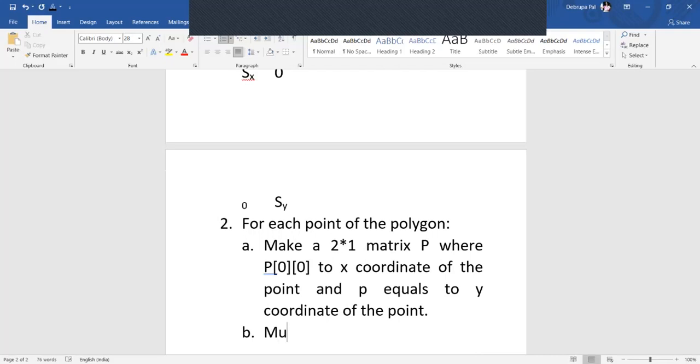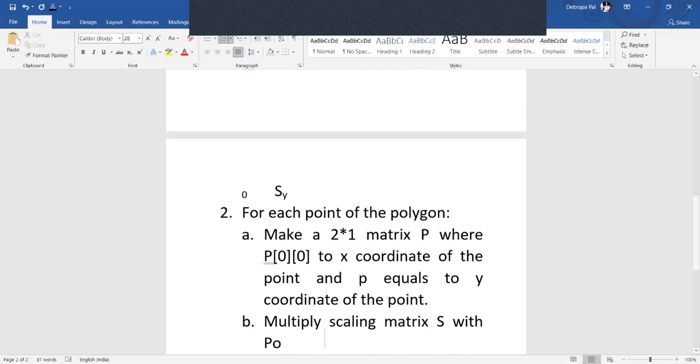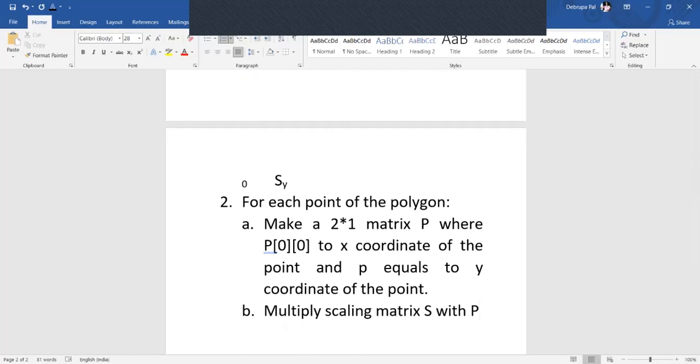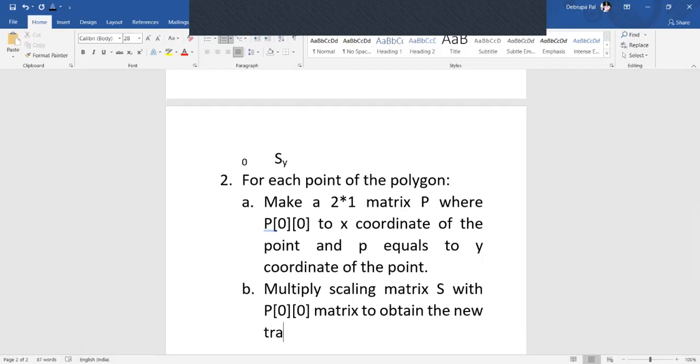So we will multiply the scaling matrix S with the P matrix to obtain the new transformed coordinate.